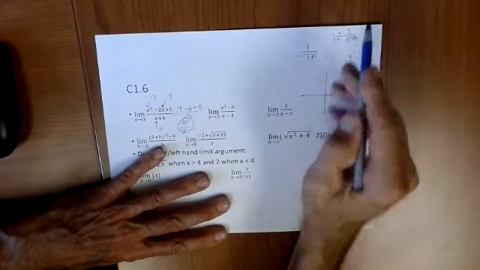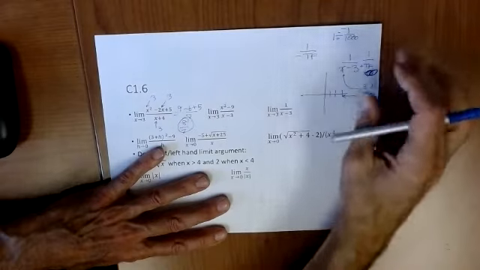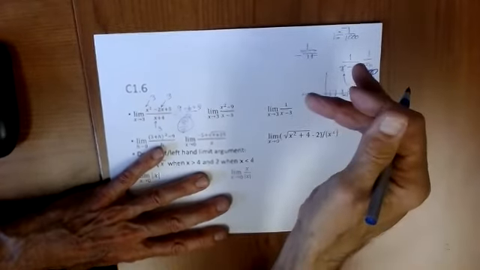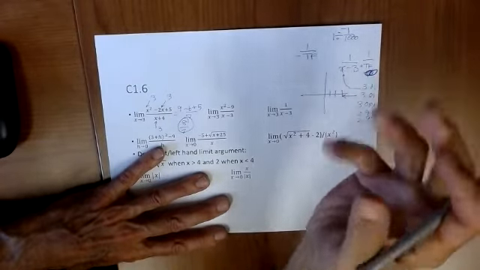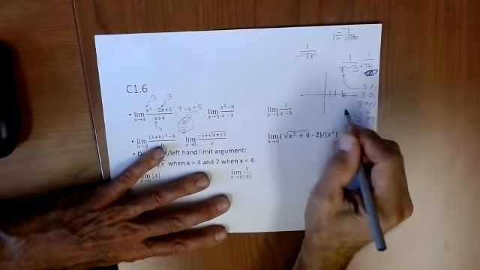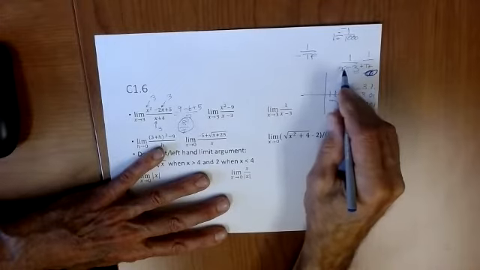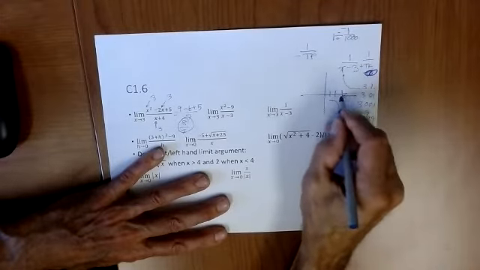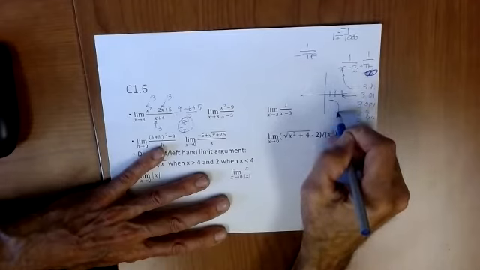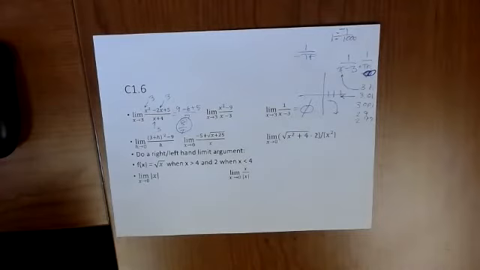And 1 divided by negative tiny fractions, similarly, you flip it and multiply, you get huge numbers with negative signs, which means that when you get closer to 3, it's going down this way and it's going up this way. As you approach 3, it's going in 2 different directions. There is no limit. Okay?